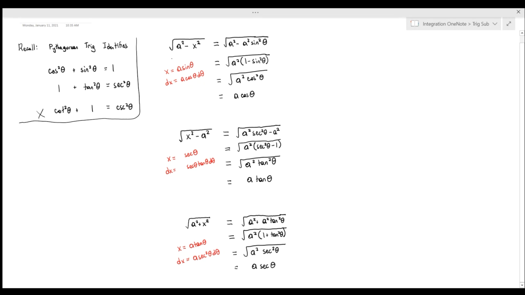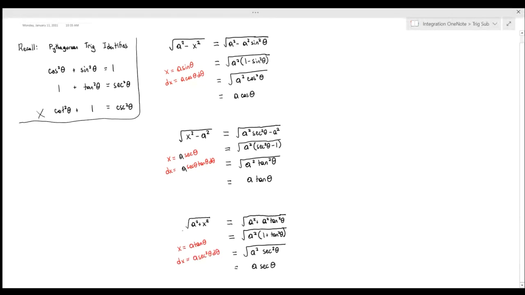Whenever you have a square root of a squared minus x squared in your integral, doing this change of variables will simplify it to just be a cosine theta. So that can help in simplifying your integral into something you can work with. Likewise, if you have x squared minus a squared in the square root in an integral, if you do x is a secant theta, and you plug that in for x and use this trig identity, you'll find that it simplifies to be a tangent theta.